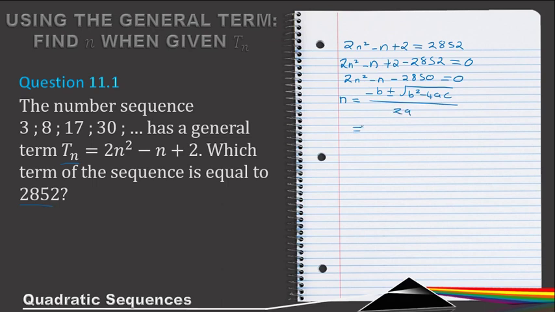Okay, so b's value is negative 1, plus or minus, so negative 1 squared, minus 4, a is 2, and c's value is negative 2850, over 2 times 2.